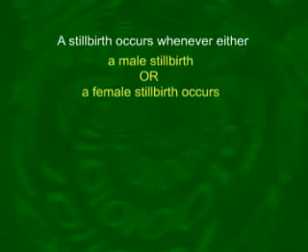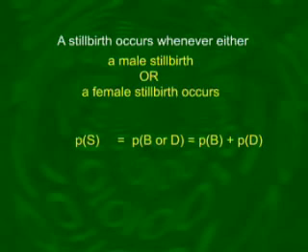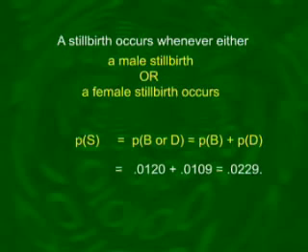As you now see on the screen, a stillbirth occurs whenever either a male stillbirth or a female stillbirth occurs, and so the proportion of stillbirths regardless of sex is equal to the sum of the proportions of these 2 events.